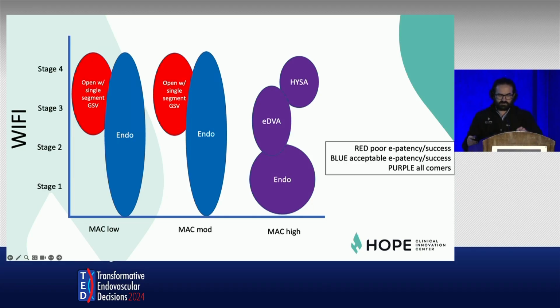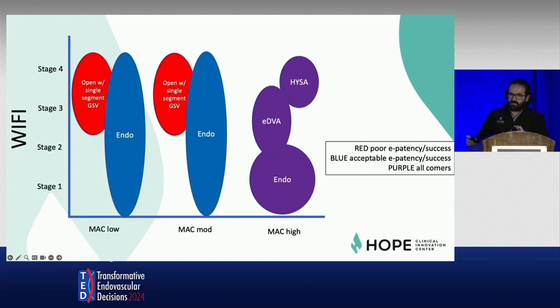We've come to this sort of grotesque, or maybe unpolished, but as close to what we can think based on some of the research and studies we now have, where we create this WIfI against MAC grid.